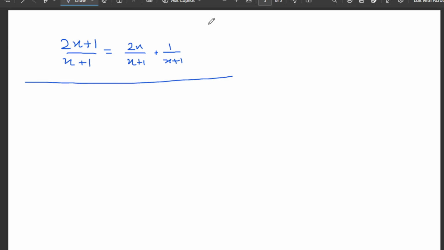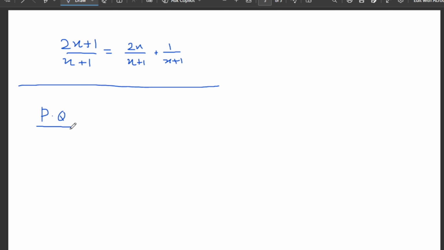The property of rational expressions is that if we have polynomials or linear expressions p and q, or even p plus or minus q over any expression t, that means p over t plus or minus q over t.